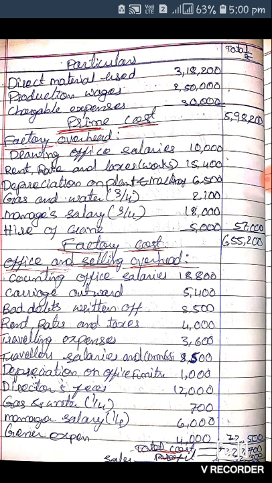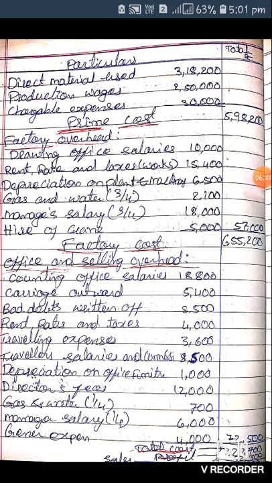By calculating that, we get 2,100 rupees for factory overheads, and manager salary is also distributed in a 3:1 ratio. After calculation, that is 18,000 for manager salary, and hire of crane, that is 5,000.